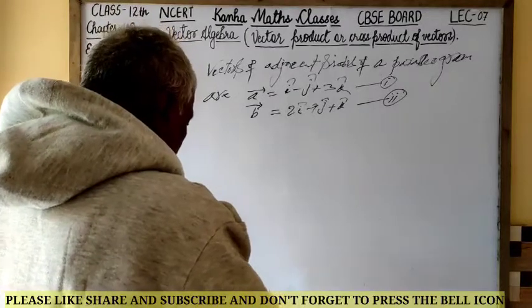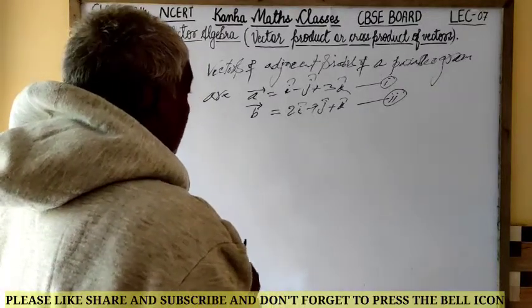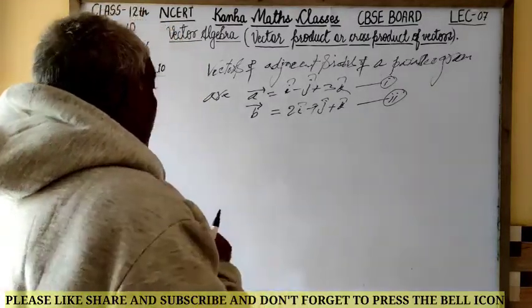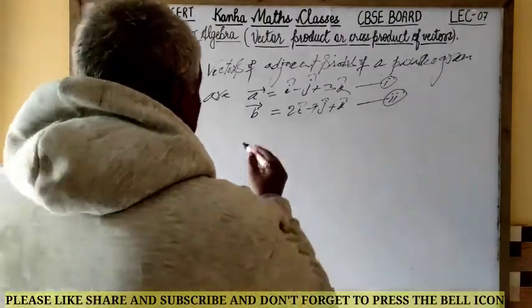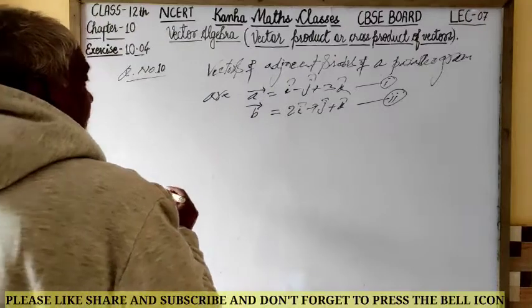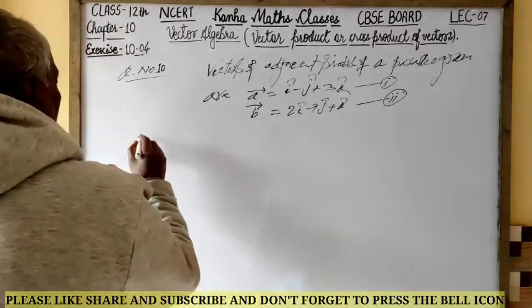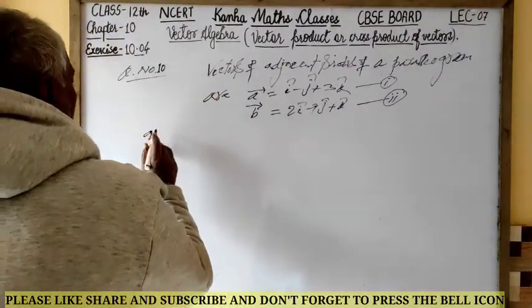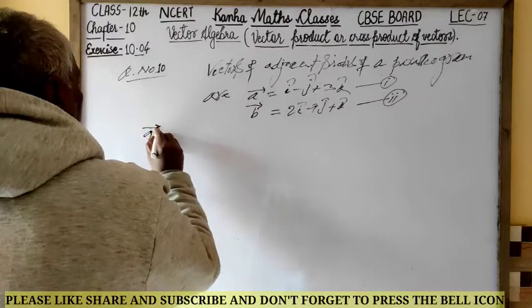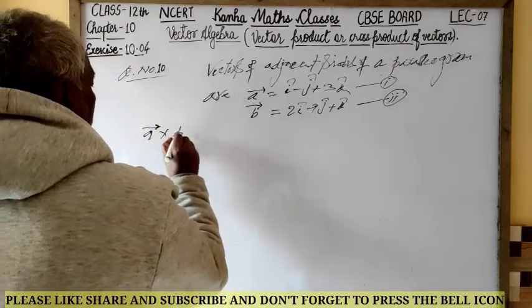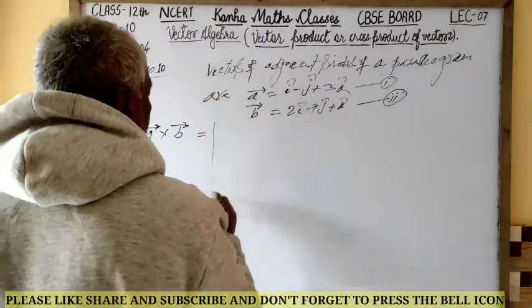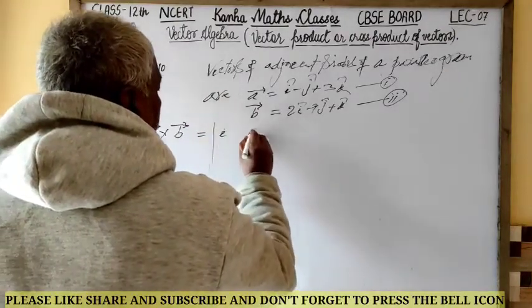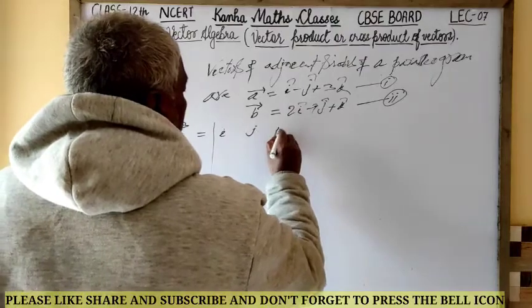Hence, in order to find the area of this parallelogram, we will first find the cross product of these two vectors A and B. Now, the cross product of vector A and B is equal to the determinant with i, j, k.